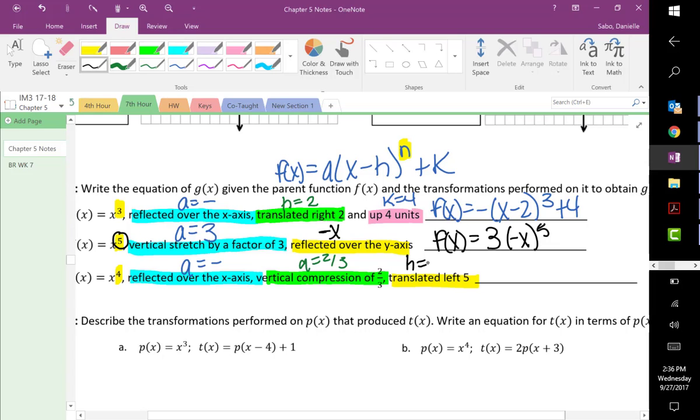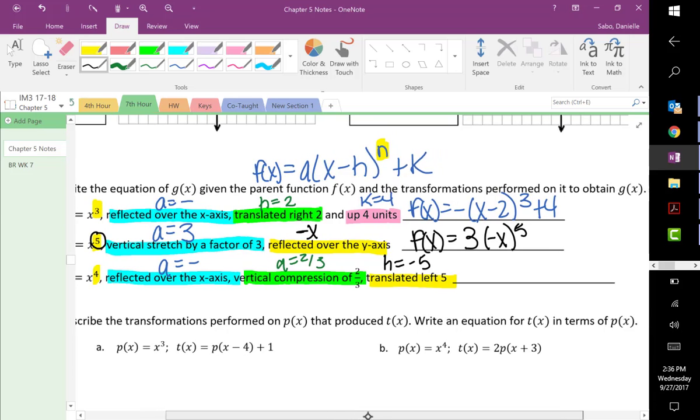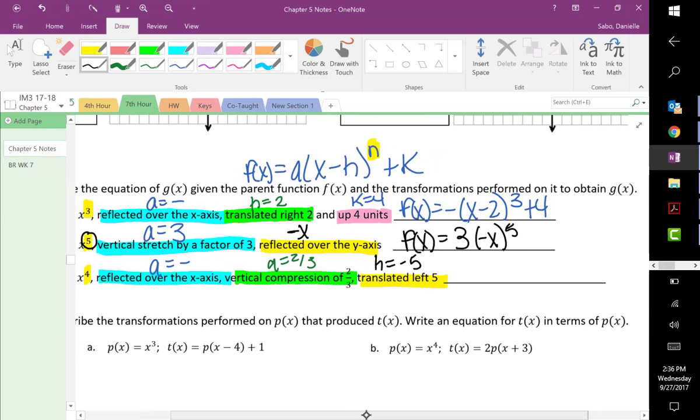Now here's a question for you. If I'm moving left 5, is that a positive or a negative number? Negative. Very good. See, you're on a roll. That's why you did good on your test. It would be negative 2 over 3. Very good. So when I plug it in, I have negative 2 over 3, parentheses, x minus 5, and to the third.